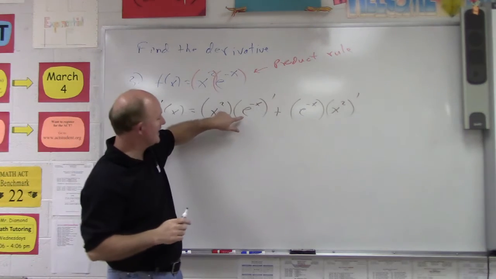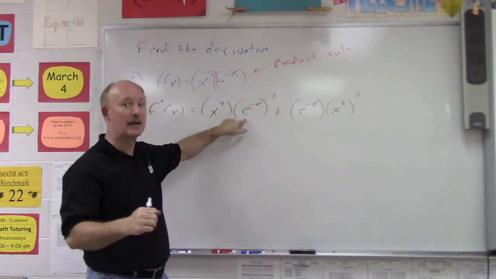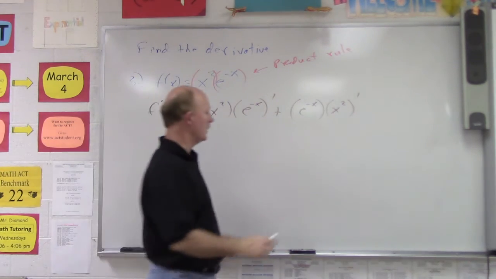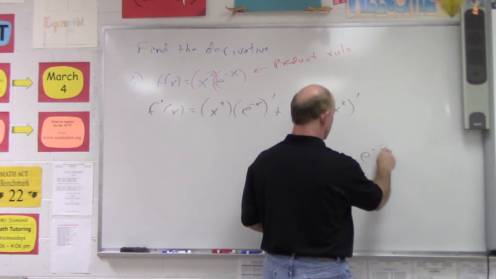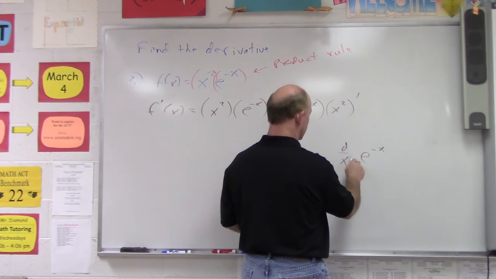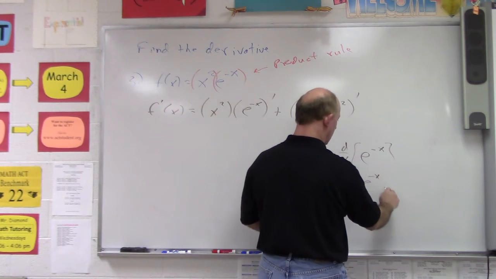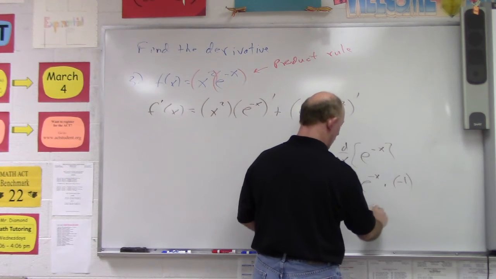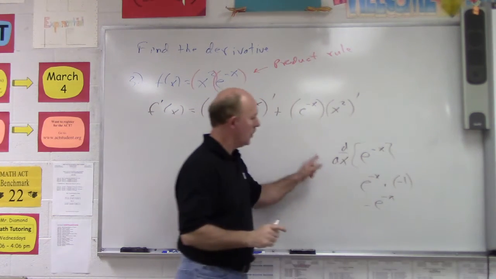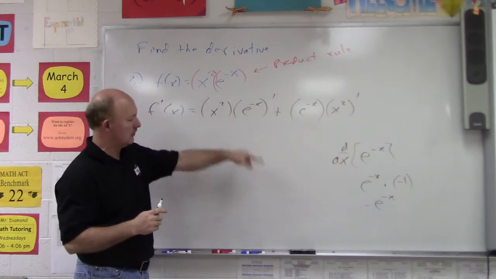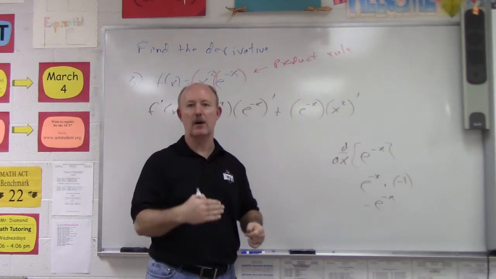Now remember, when you take the derivative of e to the negative x, this will be e to the negative x times negative 1, or negative e to the negative x. All you do is change the sign on the front of it here.